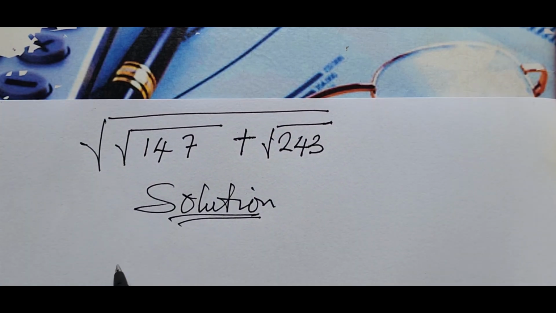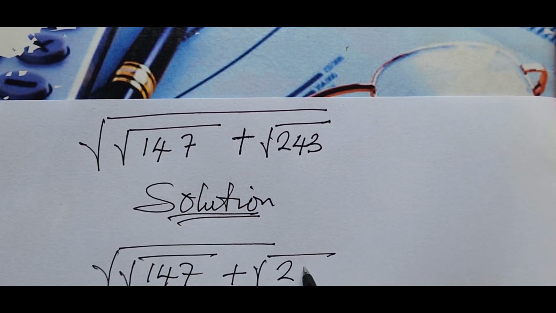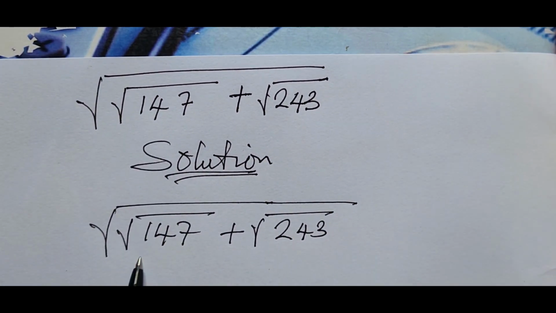So we have the square root of the square root of 147 plus the square root of 243, right? Good. So you discover that 147 can be broken down into 3 times 49.